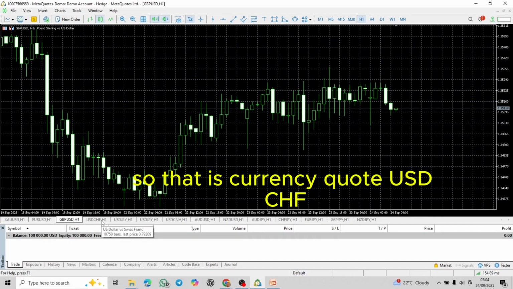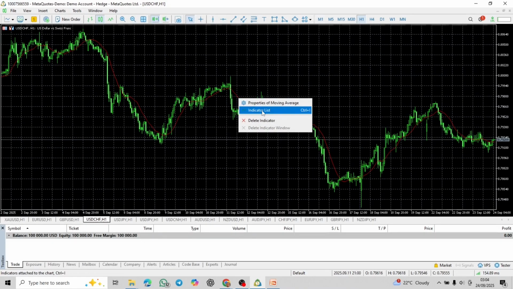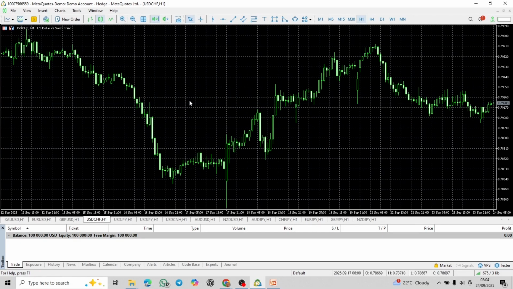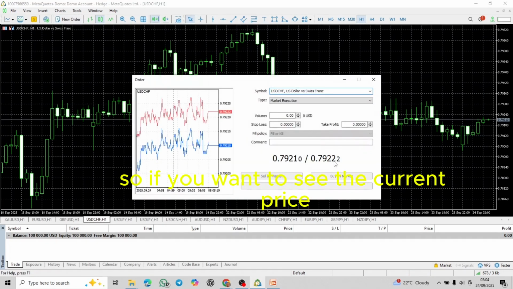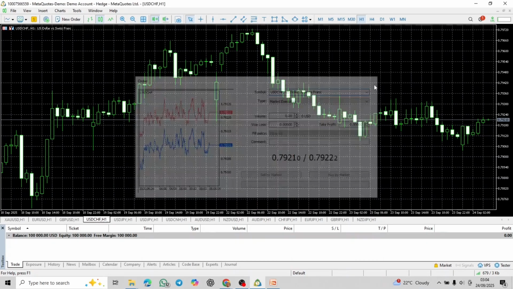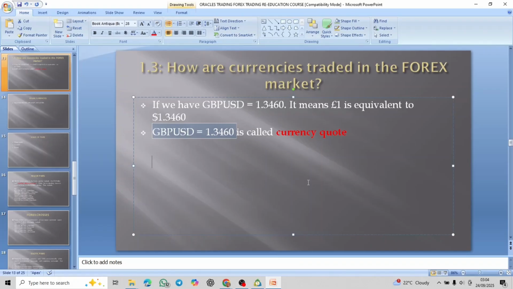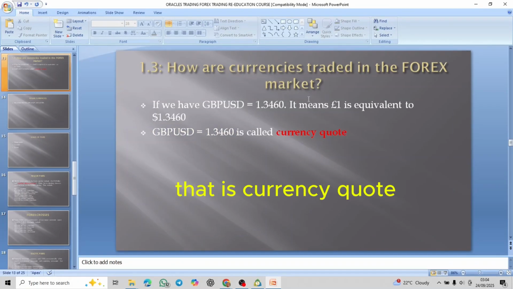So that is currency code USD. Let me enlarge this. So if you want to see the current price, this is the current price in the international market. So the next one is, it is as simple as that. That is currency code.